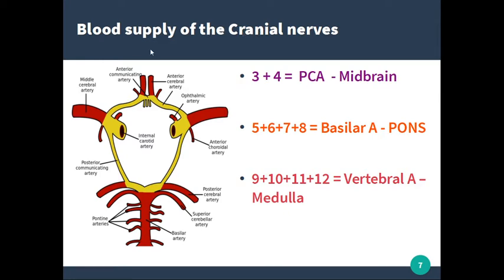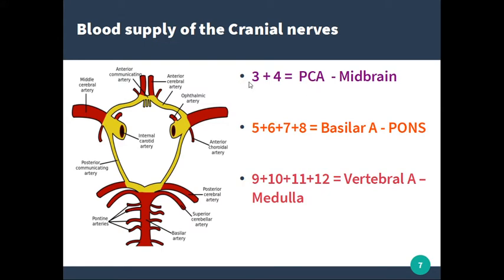Now, any occlusion occurring in the posterior aspect will target the cranial nerves. So the cranial nerve blood supply will produce different cranial nerve palsies or pathologies because there is damage or occlusion of a vessel affecting the area where the cranial nerves or the cranial nerve nuclei are. The third and the fourth cranial nerve nuclei are usually present in the midbrain and they are supplied by the posterior cerebral artery.